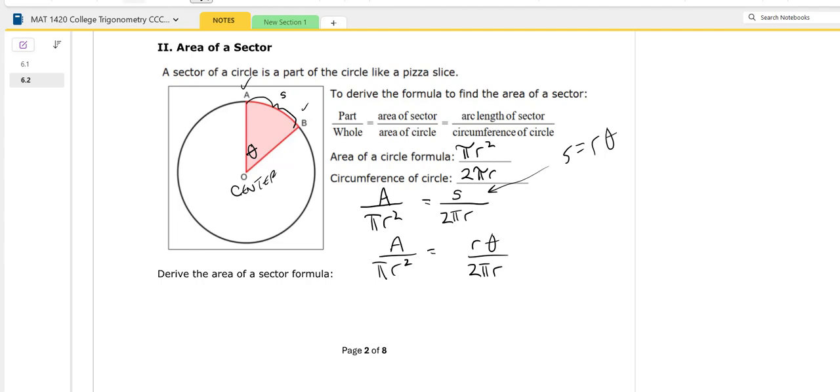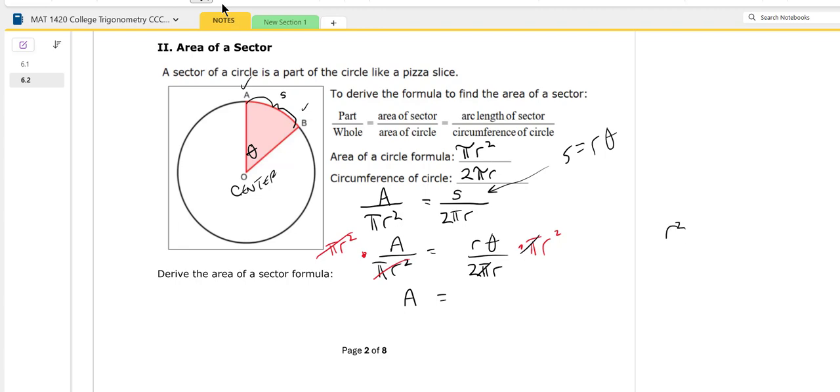Now I need to solve this equation for A. So I'm going to multiply both sides by pi r squared, and then we'll see what happens. That will divide out and give you 1A. So now we've got A. You go to this side, it looks like the pi's cross out, and one of the r's cross out.